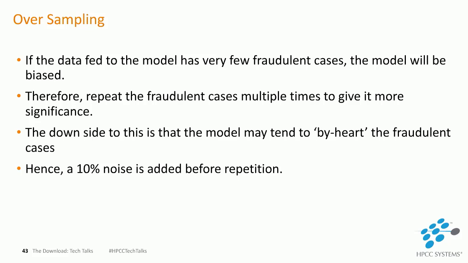So one of the techniques used is we just blindly repeat the fraudulent transactions. So if we come across any particular fraudulent sample in the dataset, we just append it to the dataset again. Now doing this, the downside would be that the model would tend to overfit the fraudulent cases. That is, it would tend to memorize the fraudulent cases. Again, this is not desirable.